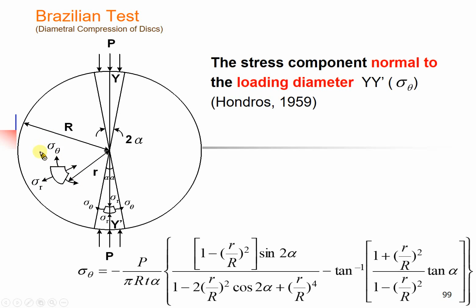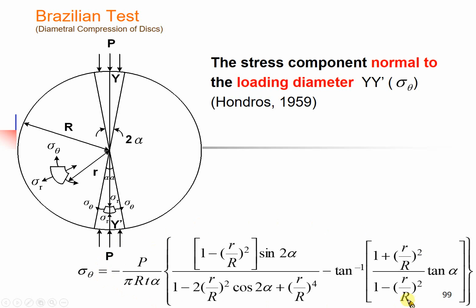The tangential stress will be the main parameter we care about. So we can calculate the stress at any location. This will be some derivation, an analytical solution from elastic mechanics.